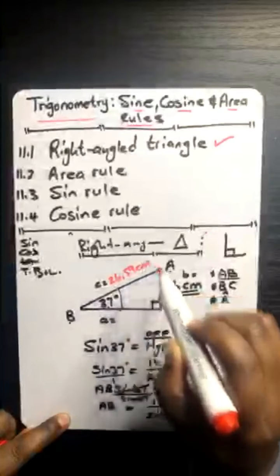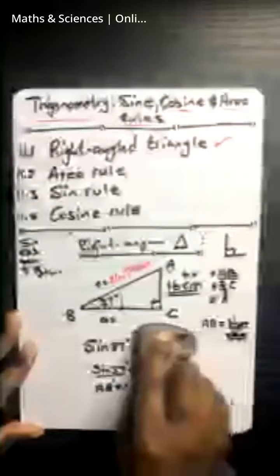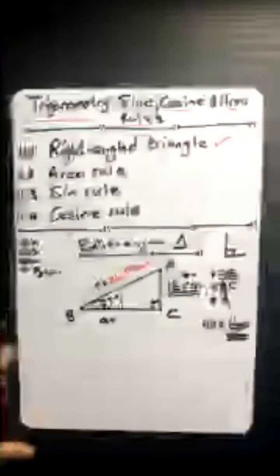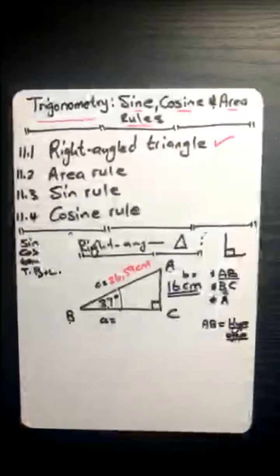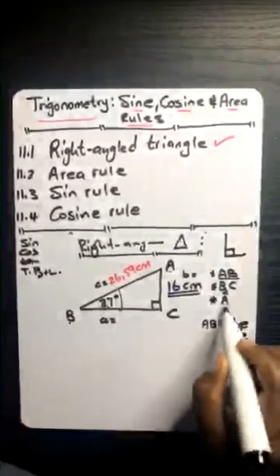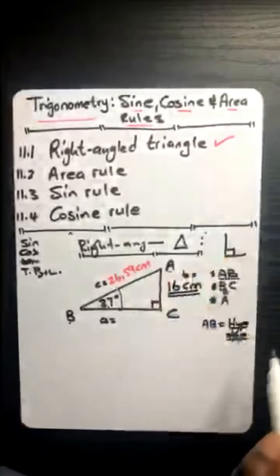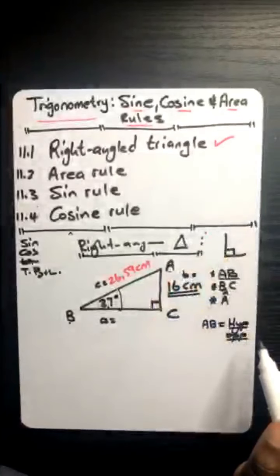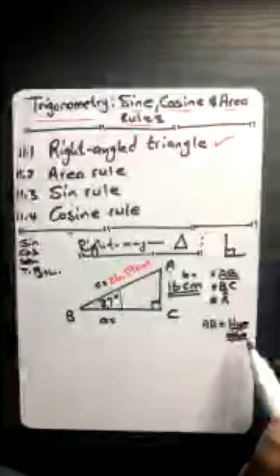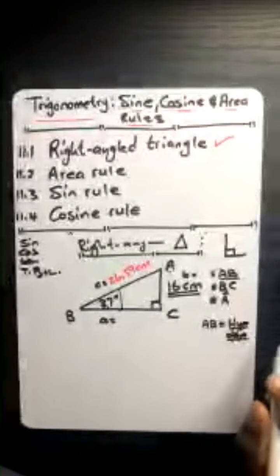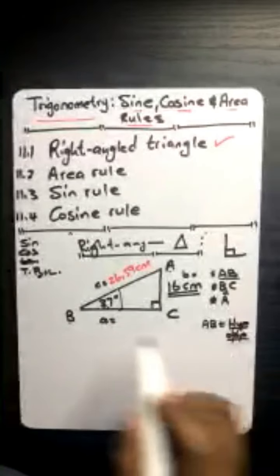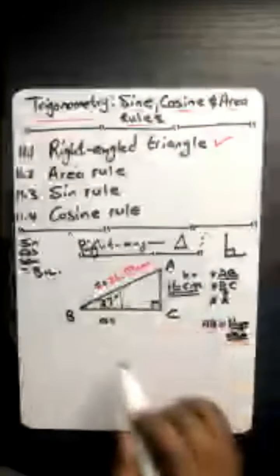Okay, so now that we've got our hypotenuse, how can we possibly calculate AB? Can you guys see? We can still use the trig ratio, or otherwise we can use the Theorem of Pythagoras. So we now have more choices of calculating the other side because we have too much information.